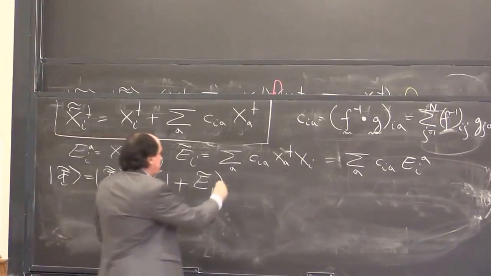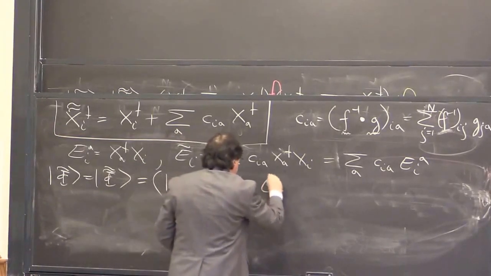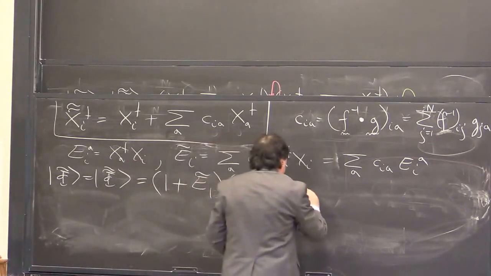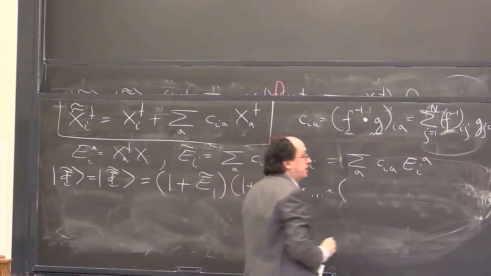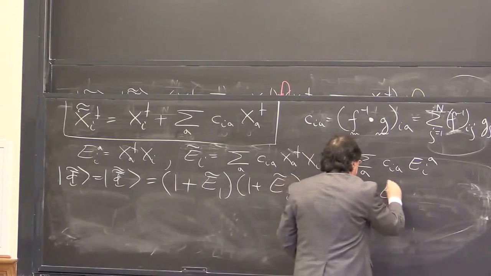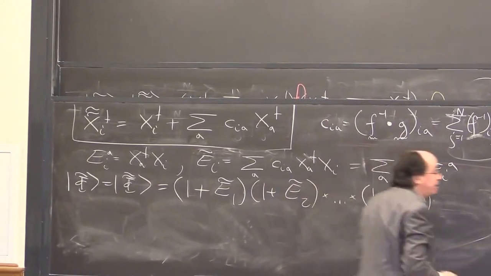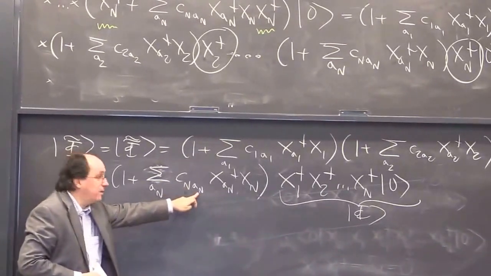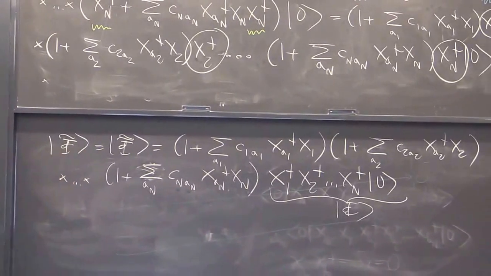The next term is 1 plus E2 tilde. And the last term, when I continue, is 1 plus En tilde. It is n. You see the n here? That's your I equal n. And all of this acts on phi.